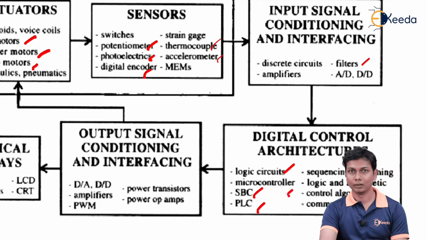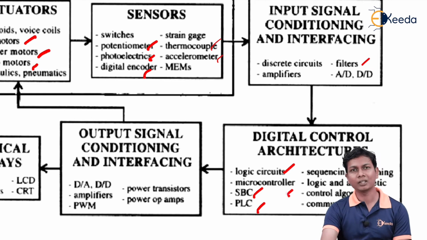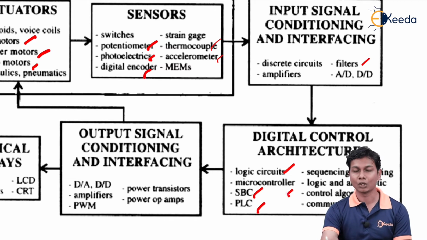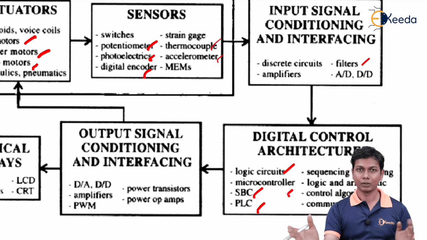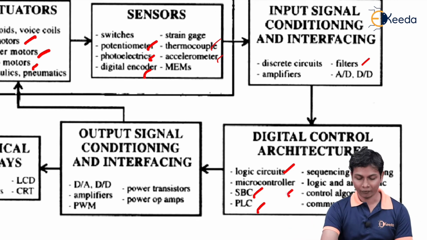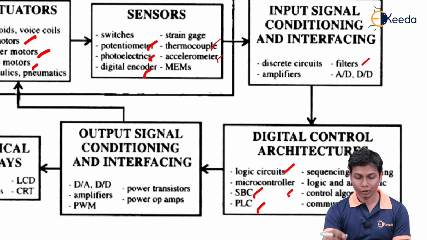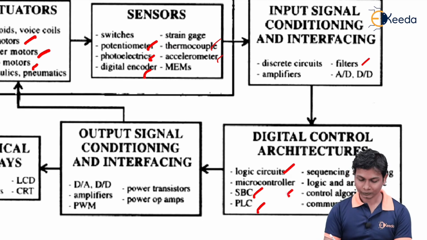Whatever signal is coming and amplified is going to be digitalized, and digitalized means it is connected to the PC, and the PC is concluded as the software implementation, where PLC and the microcontroller are the actual PC interfacing devices which are connected to your software.